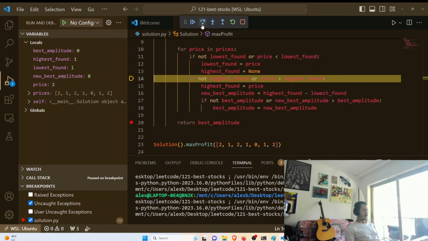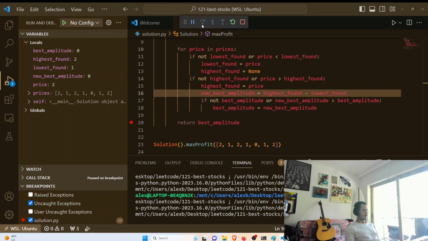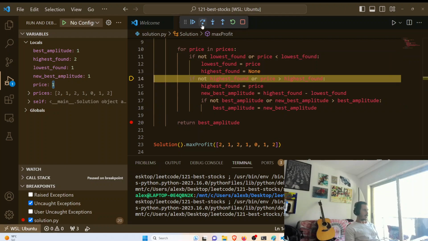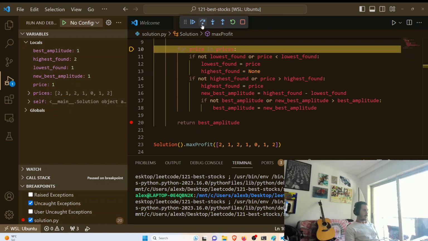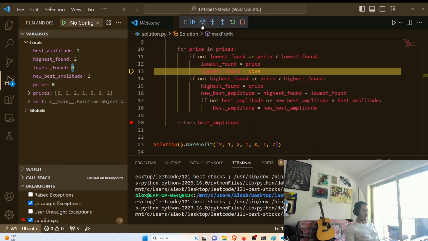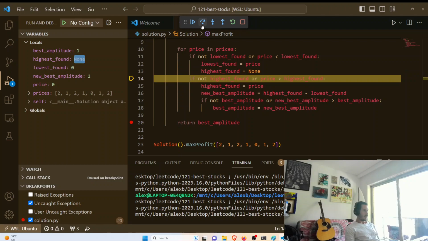And now the price is 2. So now the amplitude is 1. Price is 1, doesn't do anything. Price is 0. Okay, so lowest found, highest found.